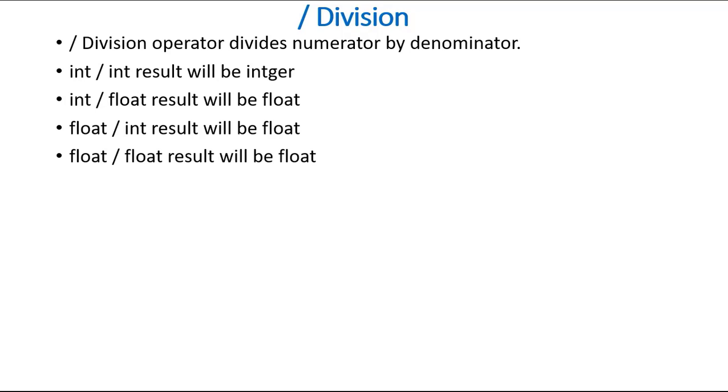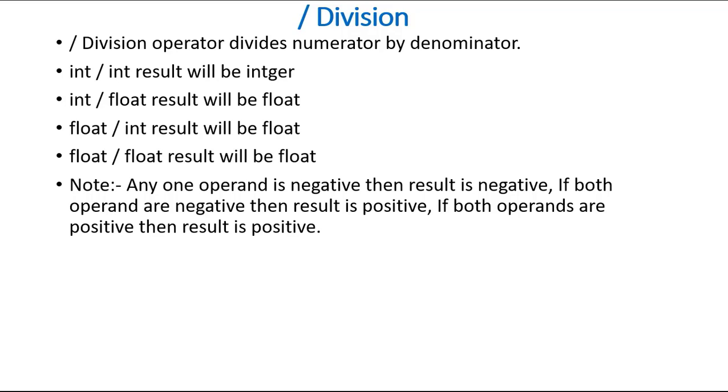Now let's move on. Now it is about sign of the result. Note, if any one operand is negative, either numerator or denominator, then result will be negative. If both operands are negative, then result will be positive. If both operands are positive, then result is positive.